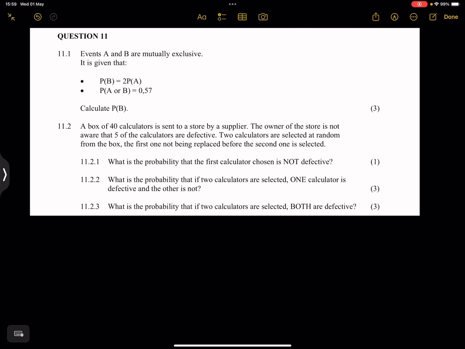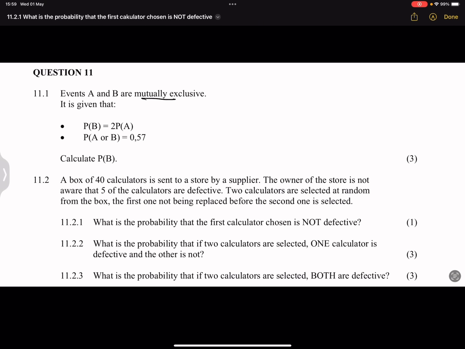Now, first of all, what do we notice? They're talking about the events being mutually exclusive. What do we know about mutual exclusivity? If they are mutually exclusive, they do not meet, so the probability of A and B should be equal to 0.